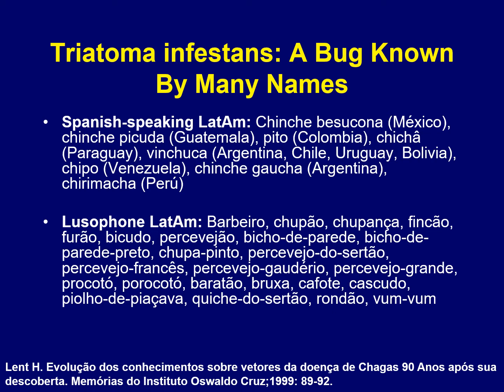For example, in Mexico, they call them chinche besucona, versus in Bolivia and Argentina, they call it vinchuca. Similarly, in Brazil, which is a huge country, they have a whole bunch of different names for these bugs. And like I said, this really goes to show you how prevalent this disease is and how common these bugs are, that so many names exist for them in society.